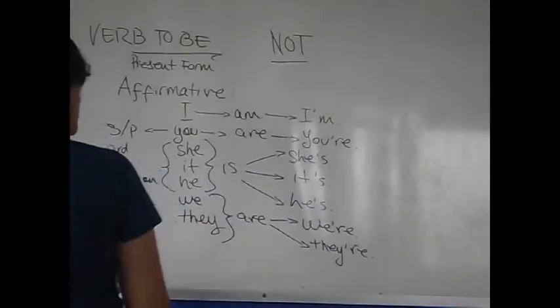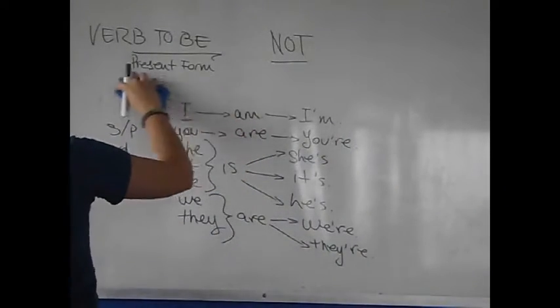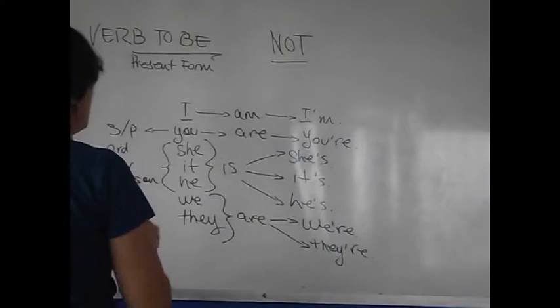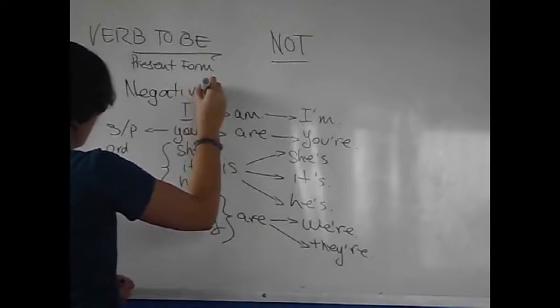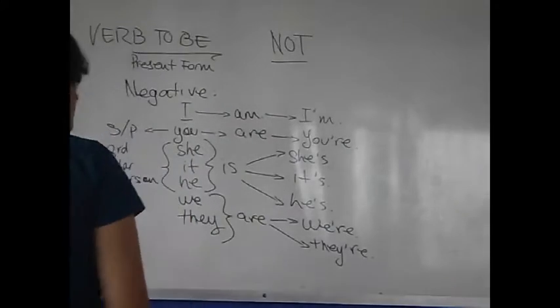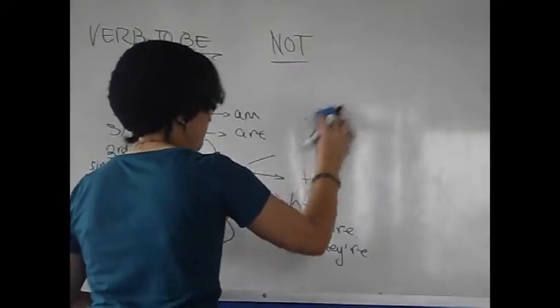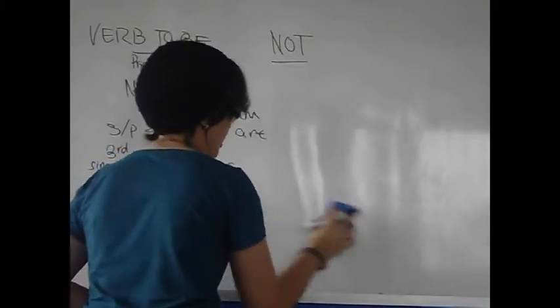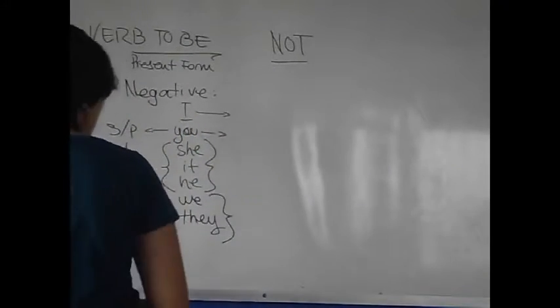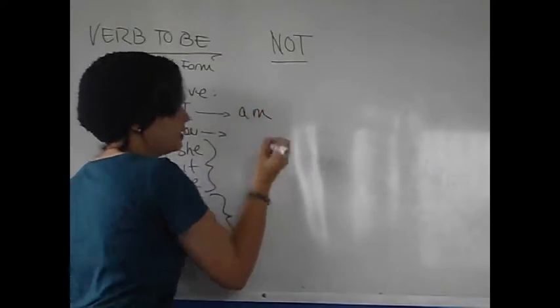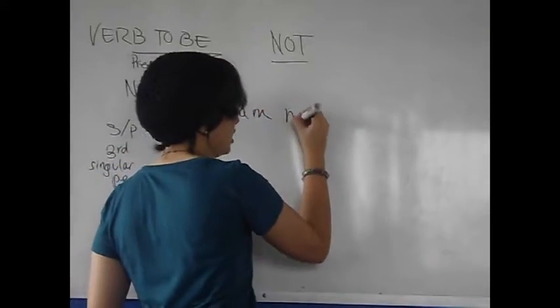So, let's see how these ones happen to be in negative thanks to that mentioned word. Okay, the conjugations are different. Okay? So, now I am, you just add the not.